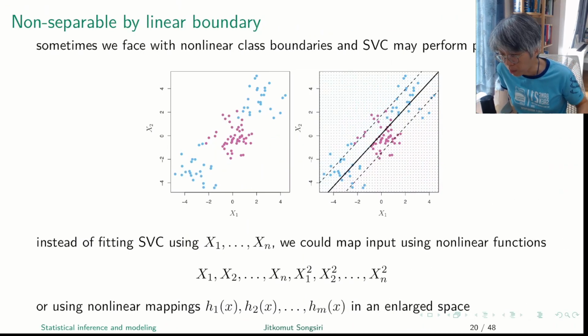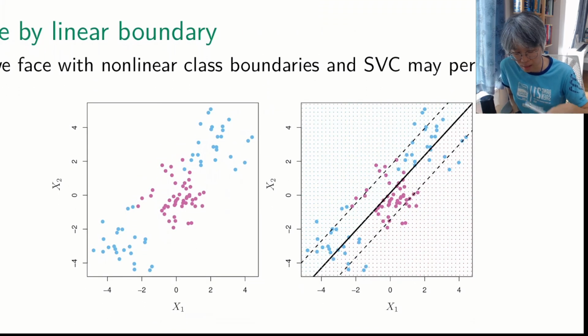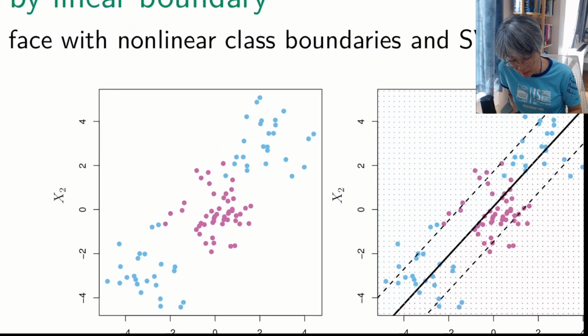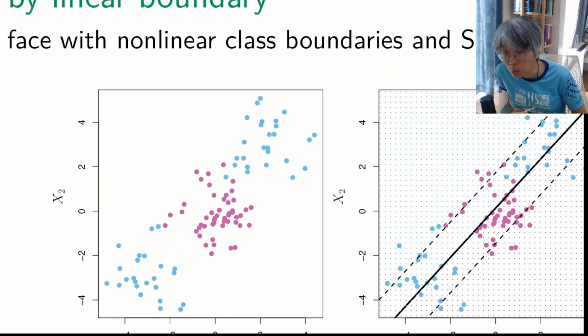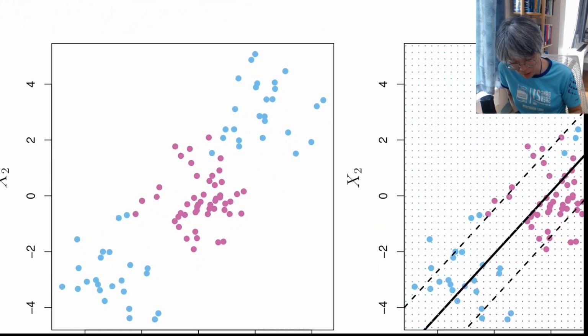What we have seen so far, the linear classifier using the linear hyperplane to classify data from two classes, may not work well if we take a look at this example. The pink and the blue classes are now laid out in the space in this way.